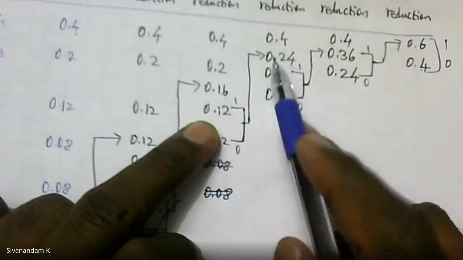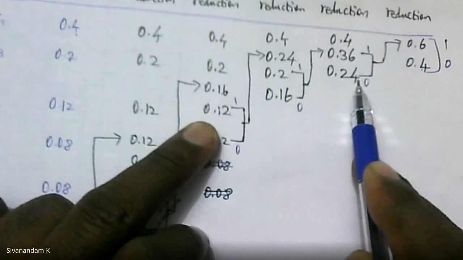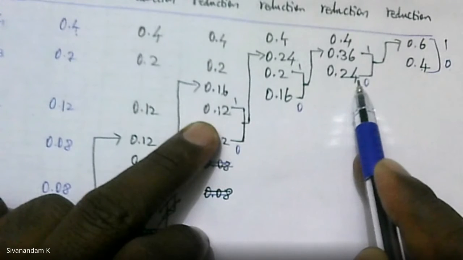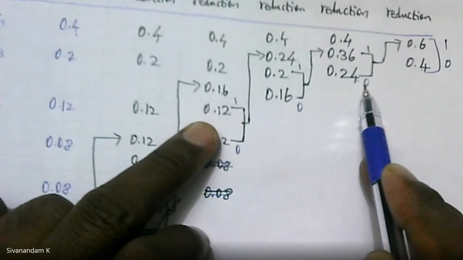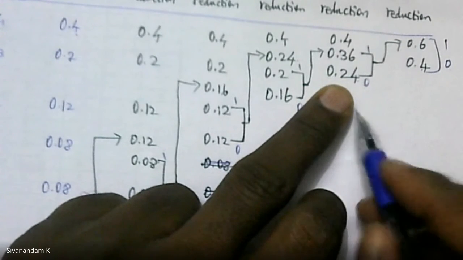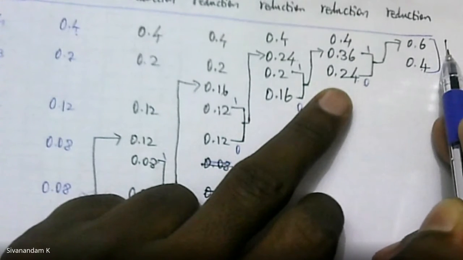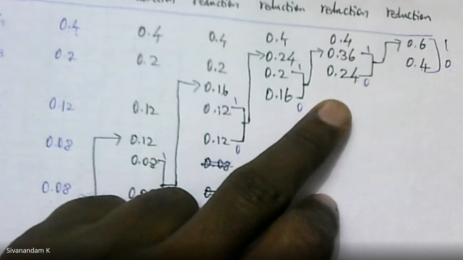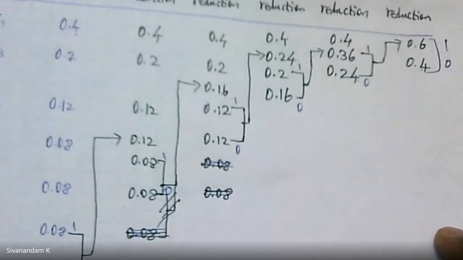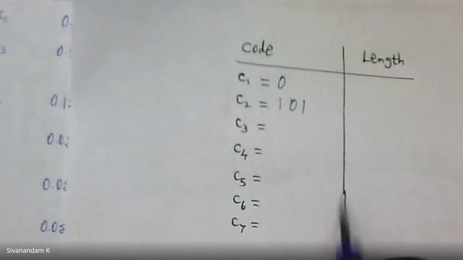Then in this stage there is no assignment of binary value. Then in the fourth stage reduction it is assigned as 0. Then again in the fifth reduction it is assigned as 1. So the second message carries the binary value as 1, 0, 1.